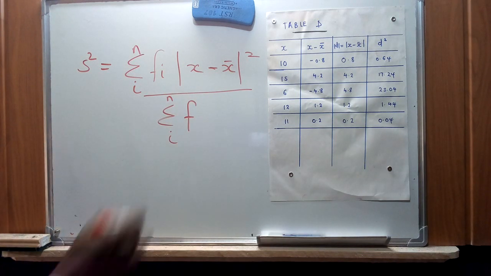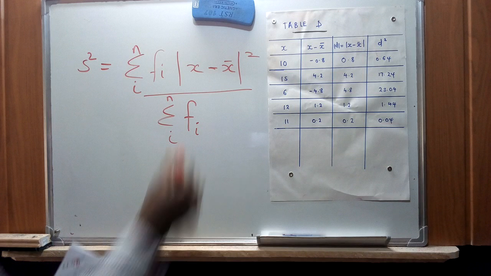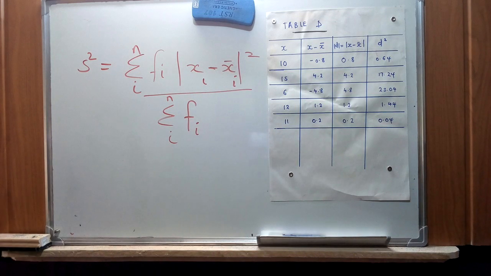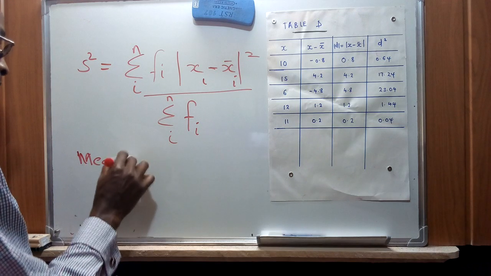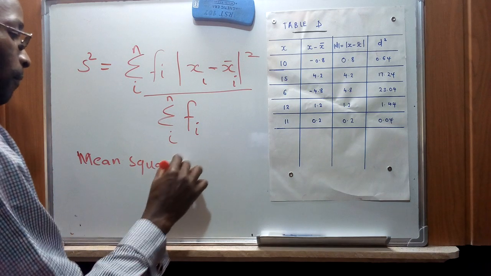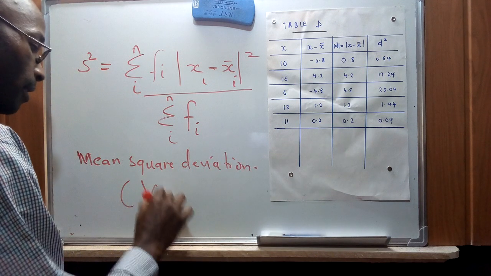This gives us what we call the mean square deviation, which is sometimes referred to as the variance.